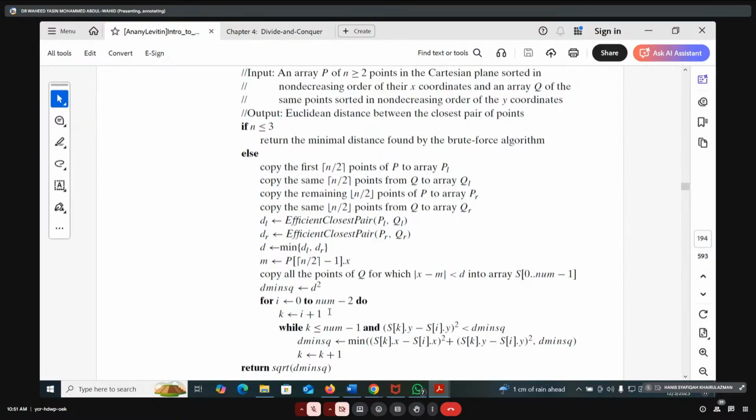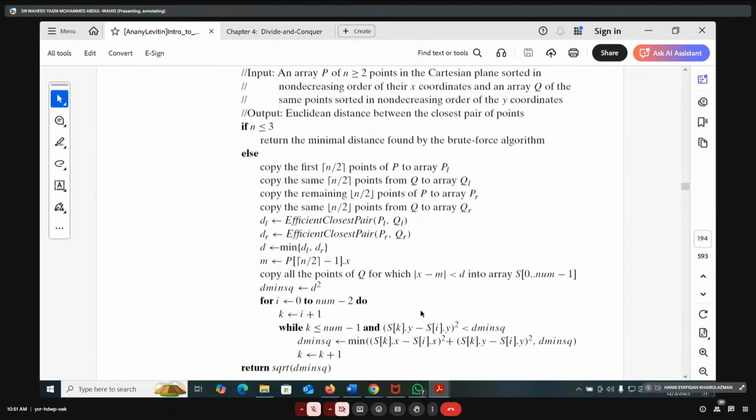For i equals 0 to num minus 2, i equals i plus 1, while k less than or equal to num and the y distance is less than dminsq. Here dminsq will be the minimum of the square of x power 2 plus the square of y difference power 2.